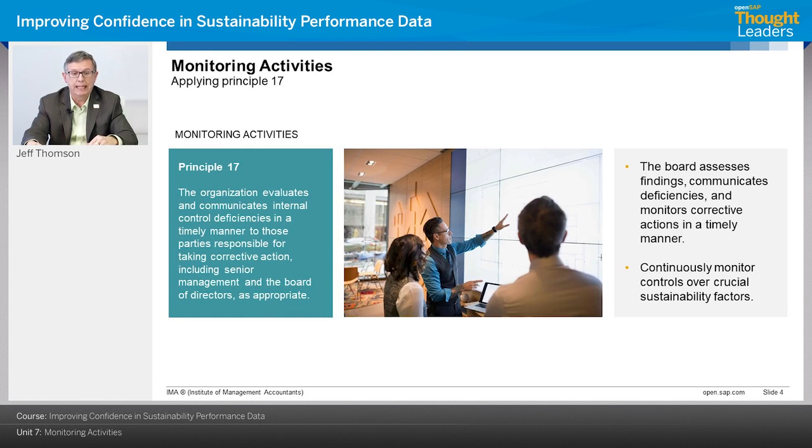So, Principle 17. The organization evaluates and communicates internal control deficiencies in a timely manner to those responsible for taking action. So, look, deficiencies and breakdowns are going to occur in your internal controls over either financial reporting or non-financial sustainability reporting.